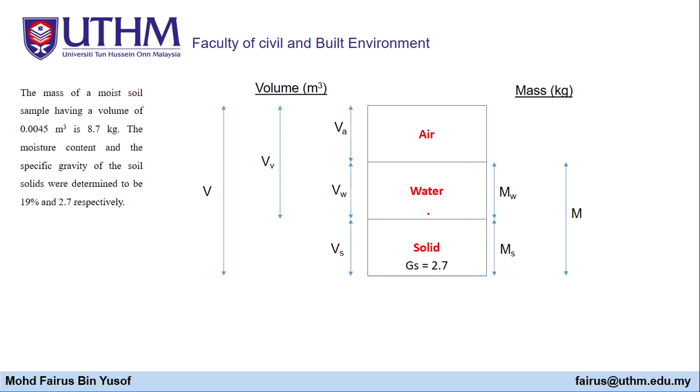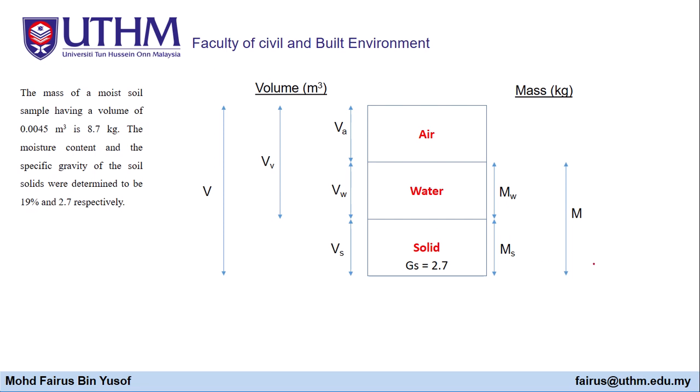So if we have air, water, and solid, it means that the soil is unsaturated or partially saturated. Okay, first, from the given question, we know that the mass of moist soil is 8.7.